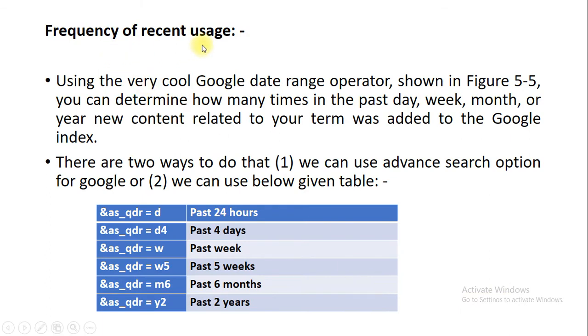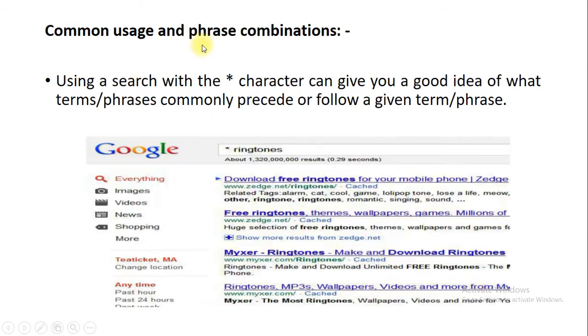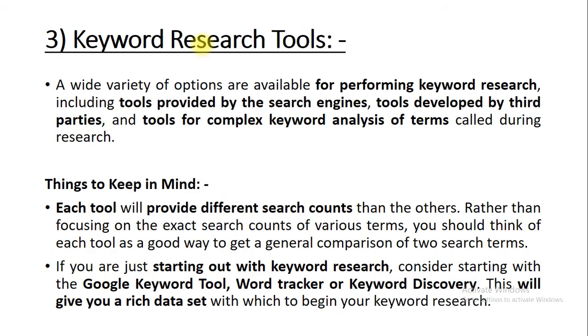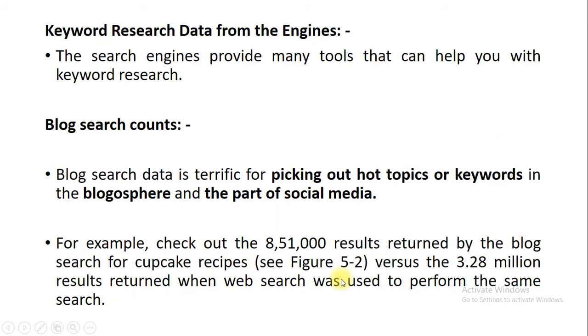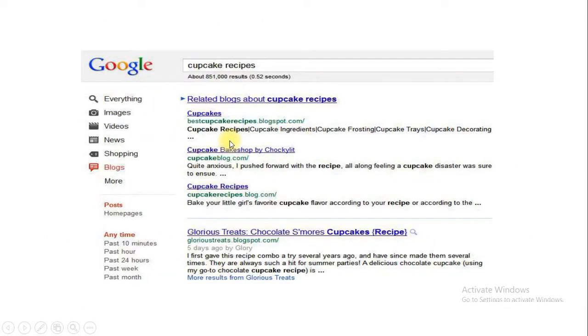Frequency of recent usage. Over here we are going to discuss that each search engine or each tool gives you this. Number one, keyword research data from the search engine. Each and every search engine provides you the data regarding keyword search. Similarly, blog search count, which means each search engine gives you how many blogs are there related to the particular topic.